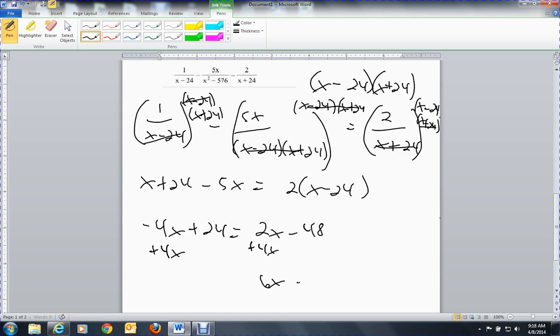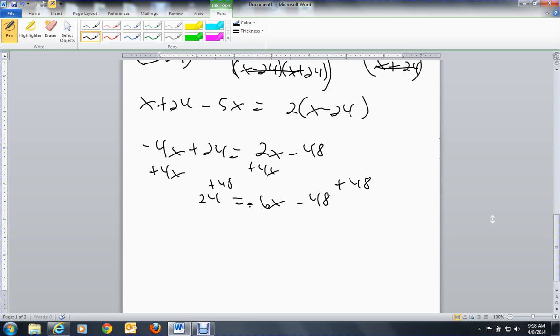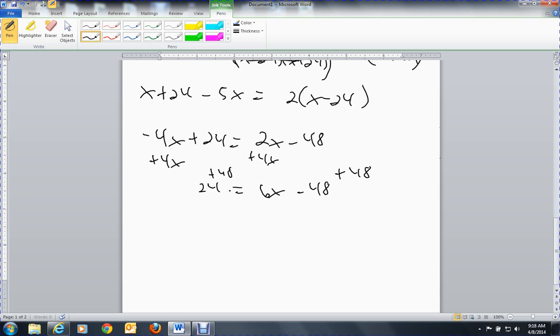We get 6x on the right side. And then I'm going to add 48. And so 48 plus 24 is 72. And then we're going to divide both sides by 6. And we get x equals 12.